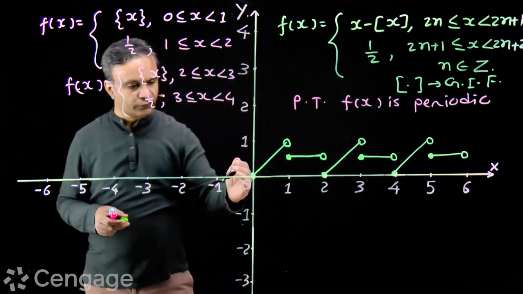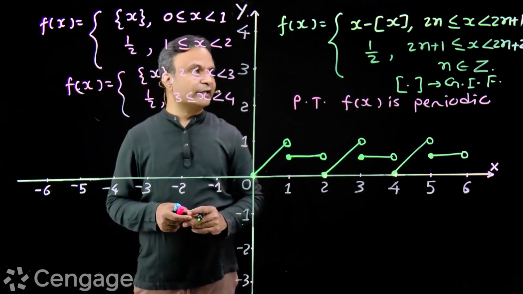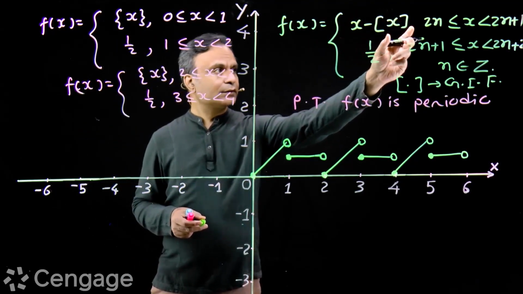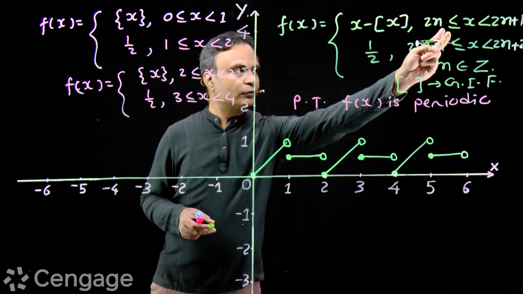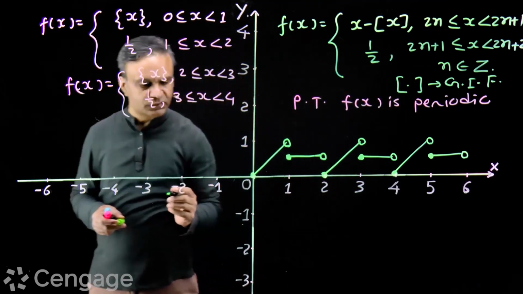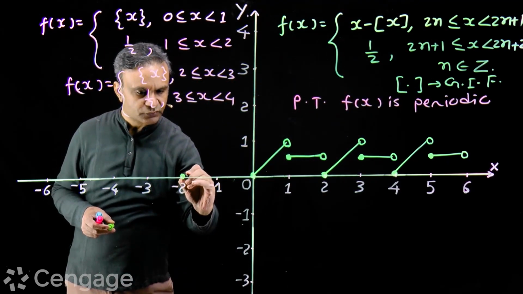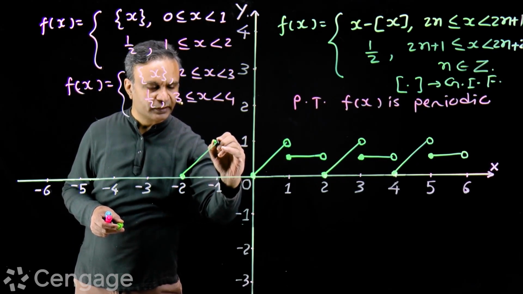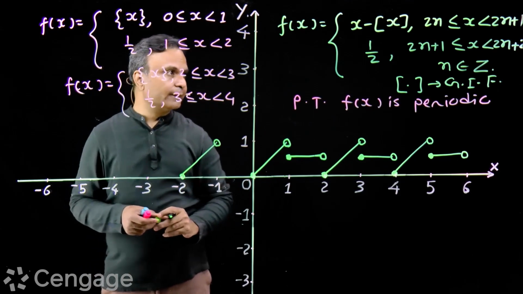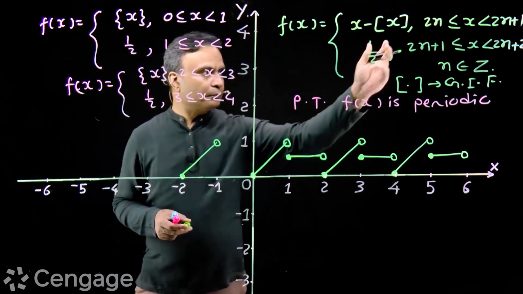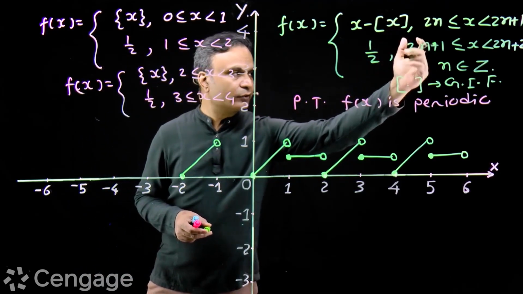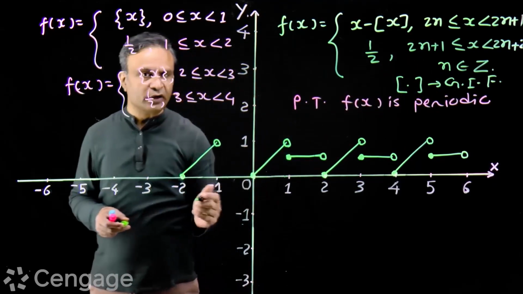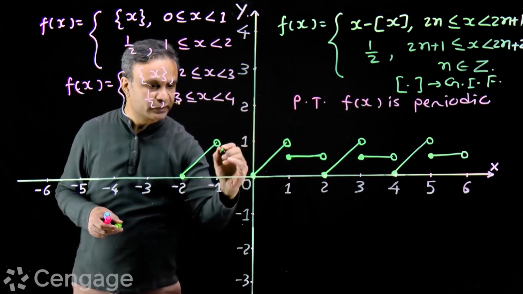Similarly, we will have the graph for negative values of x. If we put n is equal to -1, we will have the fraction part of x for -2 ≤ x < -1. Between -2 and -1 we have the fraction part of x function, so here this graph will be there. Okay. And for -1 ≤ x < 0, we will have 1/2. Okay, we are putting n is equal to -1.